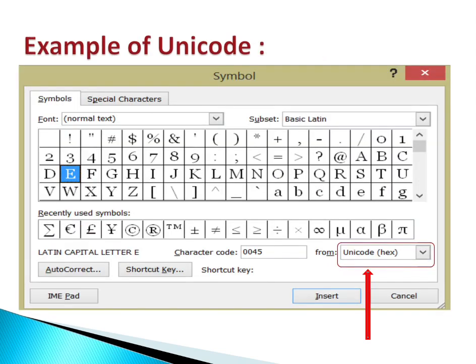Then I want to tell you where you have seen Unicode. Actually, when you are inserting a symbol in MS Word, you have already seen Unicode hex. Hex means hexadecimal code. Unicode is using hexadecimal code for characters present on keyboards.